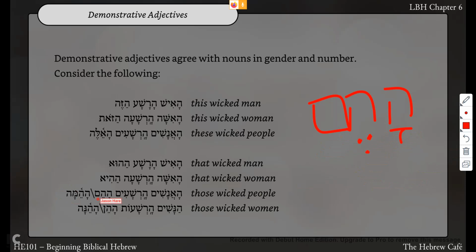Both of these are found in the Bible. The older forms are probably the longer ones with the ah ending. All right. So those wicked people, ha'anashim harishaim hahem. And those wicked women, hanashim harishaot hahen.